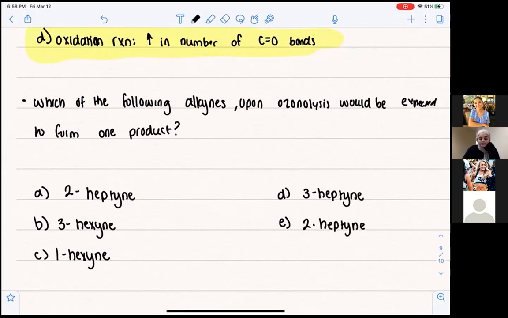Would the bond be at the very end? That is a really nice hypothesis.